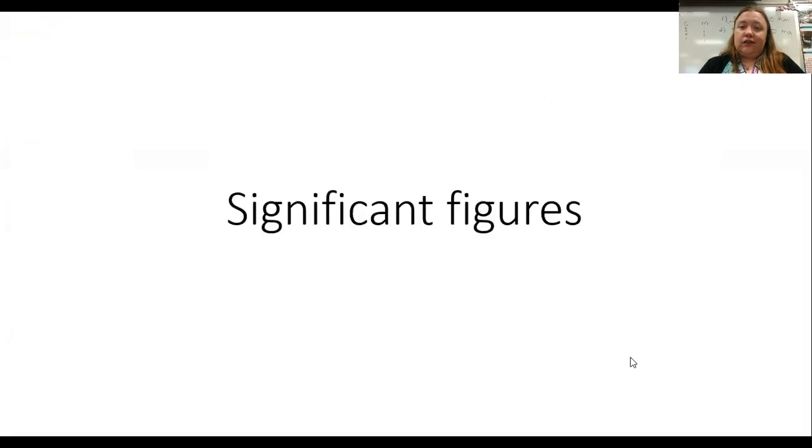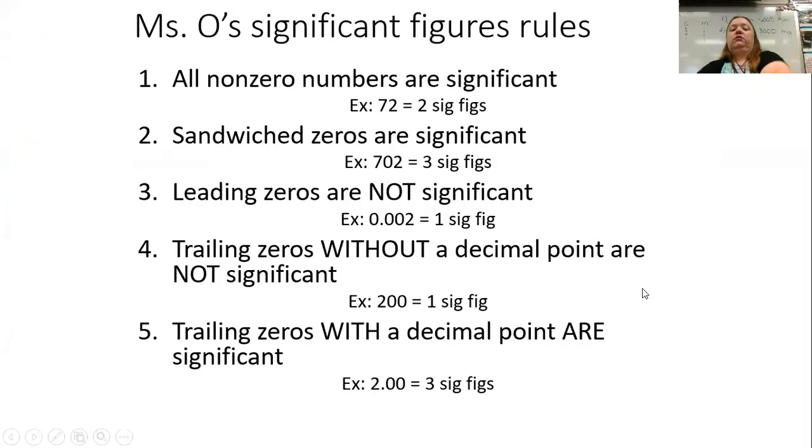All right, so your significant figures rules. First rule is very easy. All non-zero numbers are significant. So something like 72, both are non-zero numbers, so you have two significant figures. Then we get into the zero rules, and the rest of the sig fig rules are zero rules.